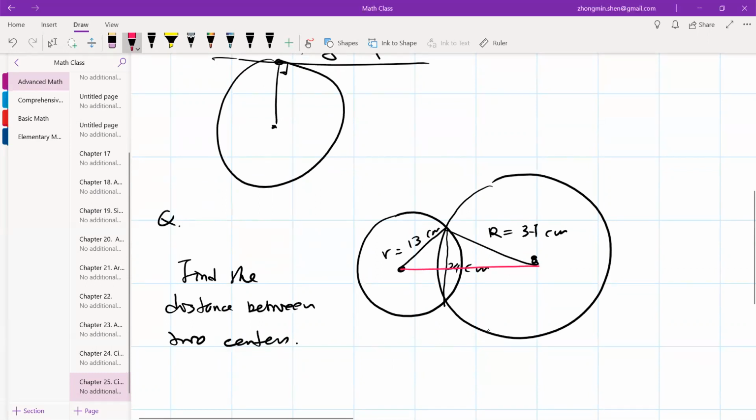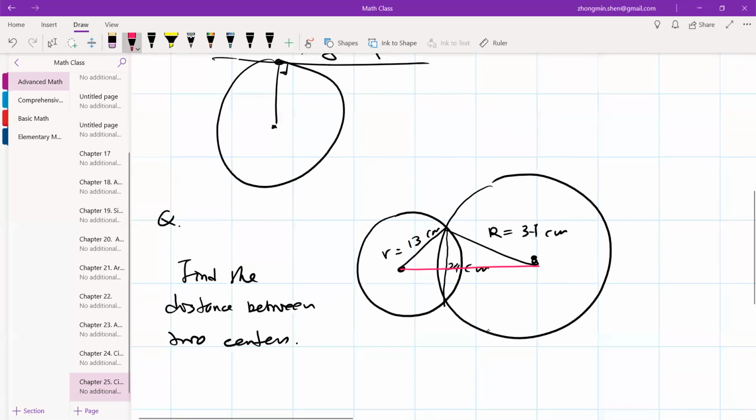So connect the two centers. Once you connect the two centers, you immediately see a right triangle. The question is, how do you use those properties? You get two right triangles.